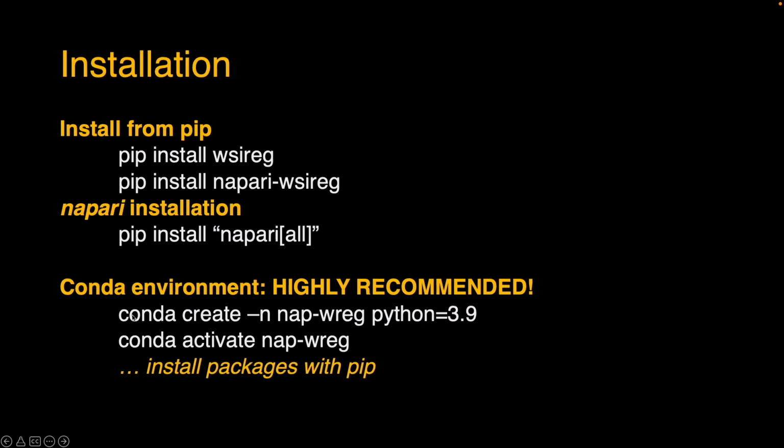So this is just an example where we conda create a new environment, napari-wsireg, with Python 3.9. Then once we've created that environment, you'll get some prompts from Conda. You can then activate that environment with conda activate and the name of the environment, and then you can pip install those packages directly. So this is all working from the terminal.